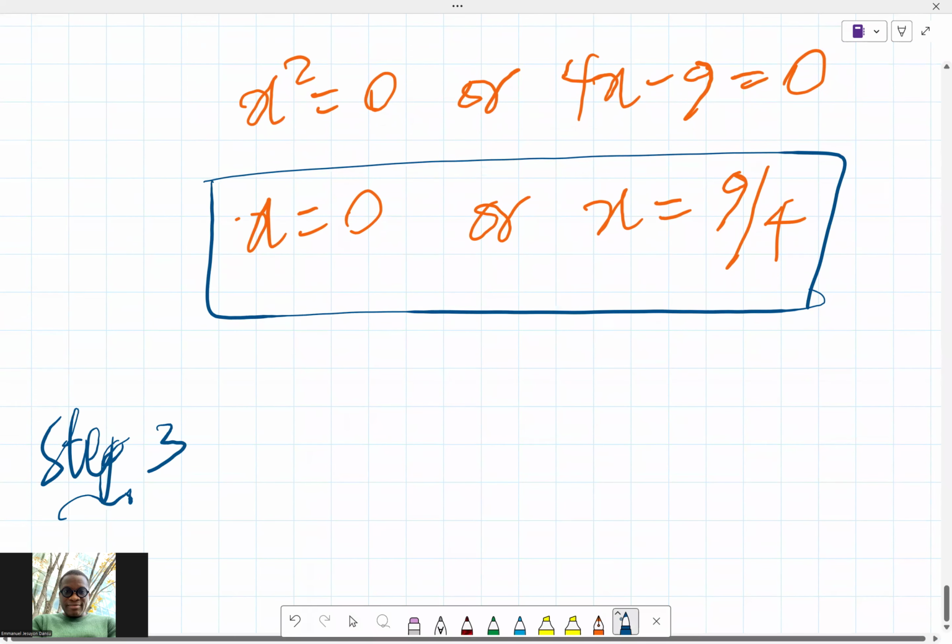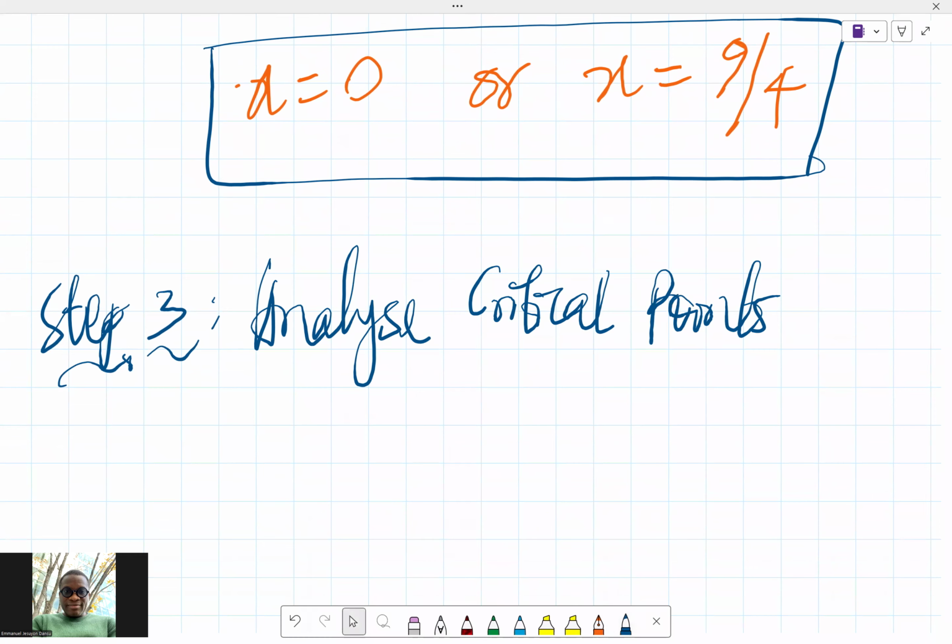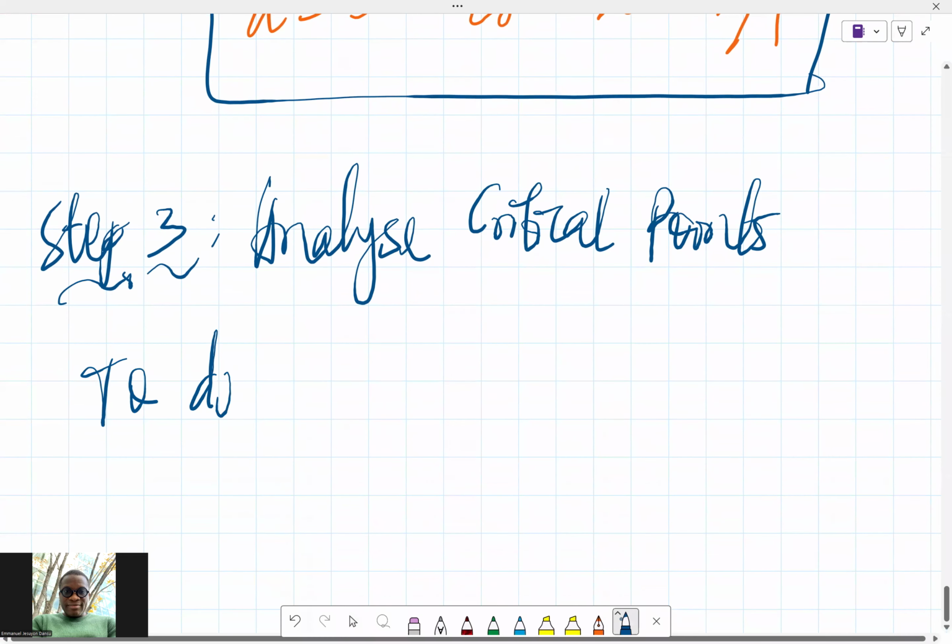Okay, next is step 3, where we analyze the critical points. We have got the critical points as 0 and 9 over 4.